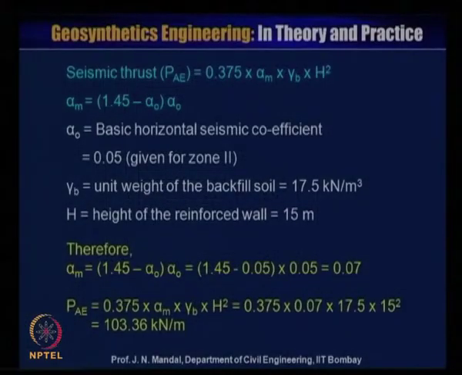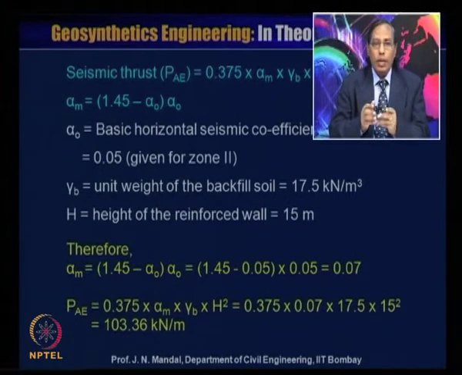Now, for seismic thrust, PAE is equal to 0.375 alpha m gamma b h square. We know this equation for the seismic thrust, where alpha m is equal to (1.45 minus alpha 0) into alpha 0, where alpha 0 is the basic horizontal seismic coefficient, that is 0.05 given for zone 2.